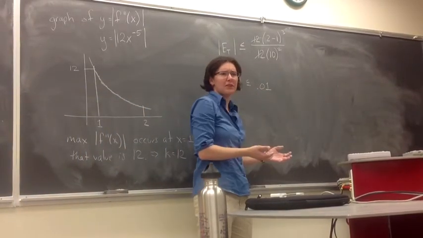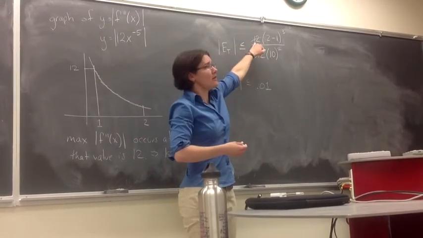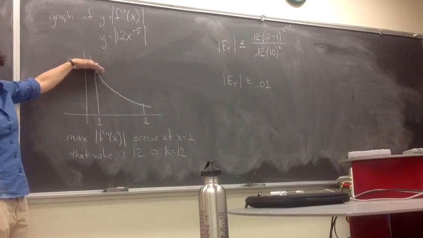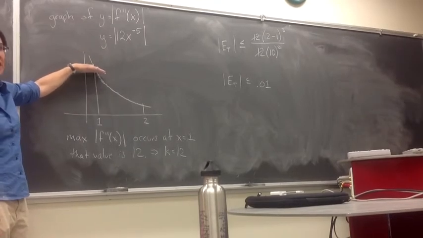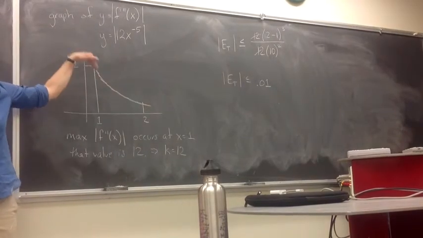So our approximation wouldn't be known to be as good. But so we want to pick a k value that is as close as possible to the largest f double prime that we can find. We never want to underestimate that, though. Whatever number we choose for k must be greater than or equal to any f double prime value within the interval.